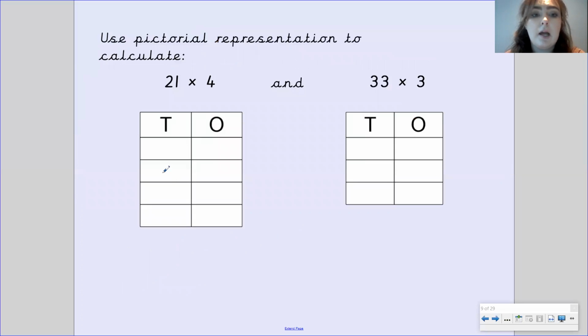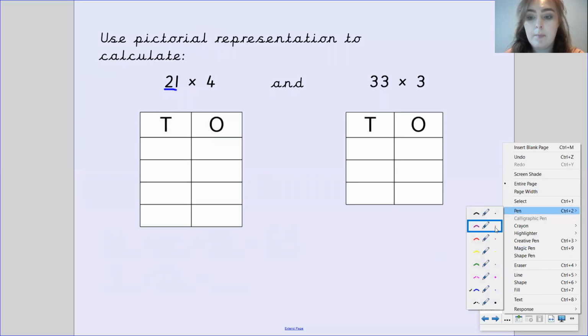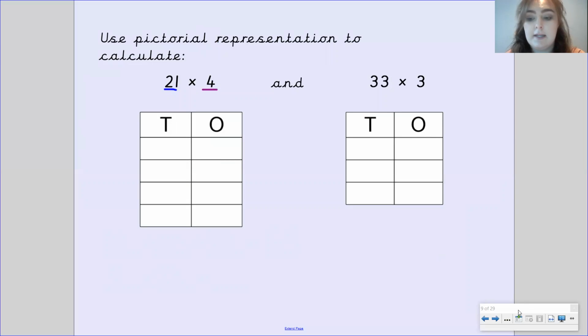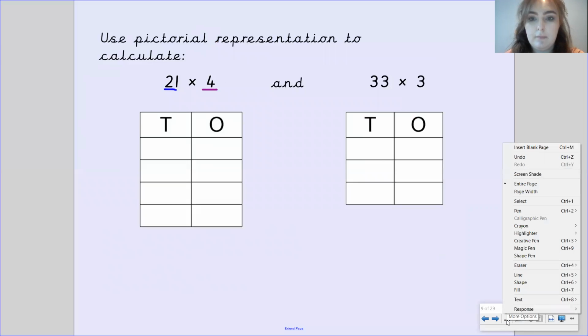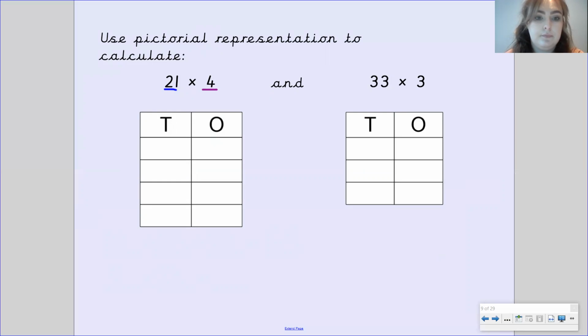Now let's have a go here. I want you to use pictorial representations to calculate 21 times 4 and 33 times 3. Let's have a go at doing 21 times 4 first. So on your whiteboard, I want you to have a go at pictorially drawing 21 times 4. Pause the video here to have a go. Okay, so we know we've got 1, 2, 3, 4 groups.